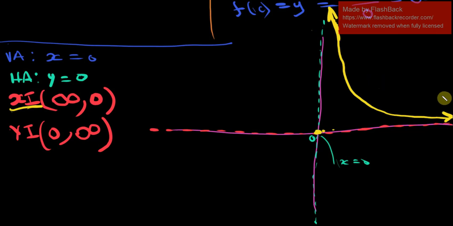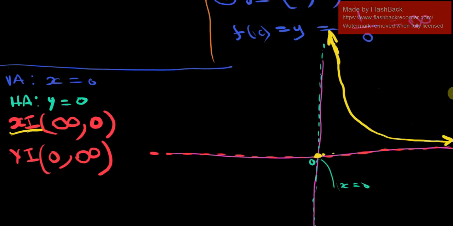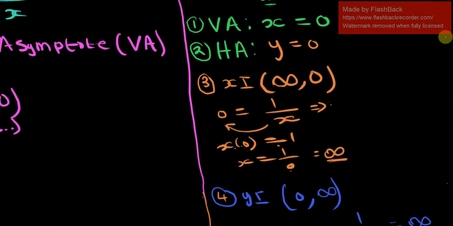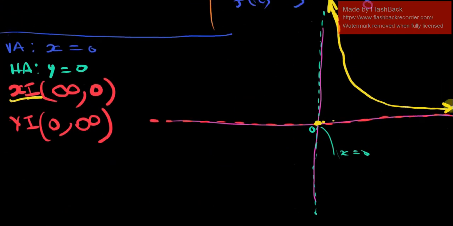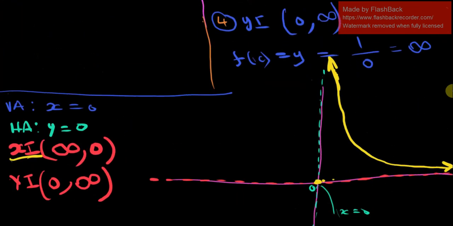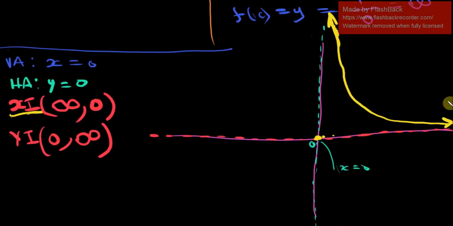Okay. Is this an odd or even graph? Now, what about negative infinity? That one is sorted. So we have a reflection in this direction.